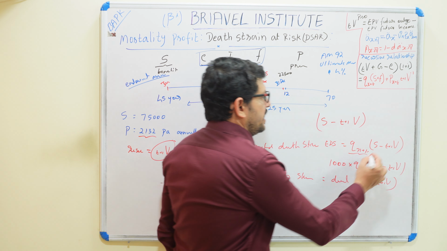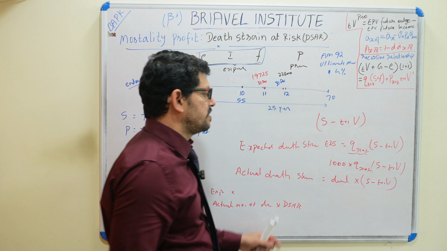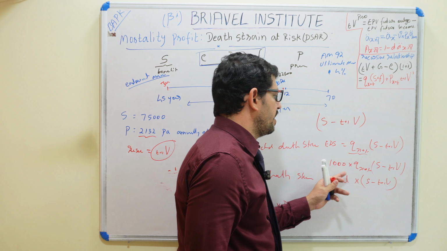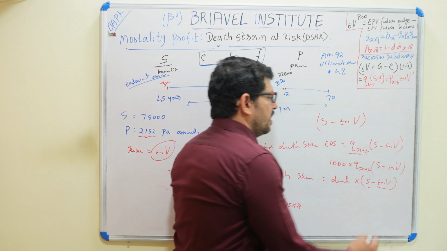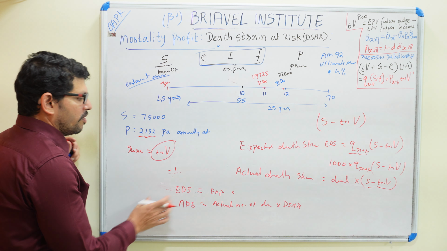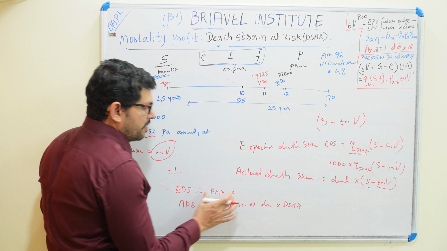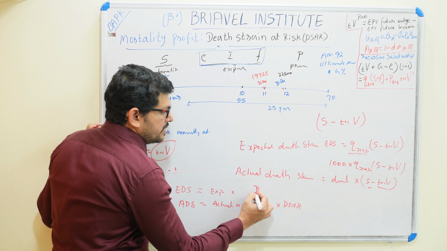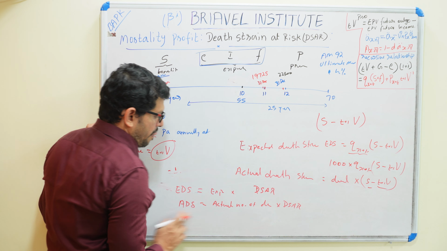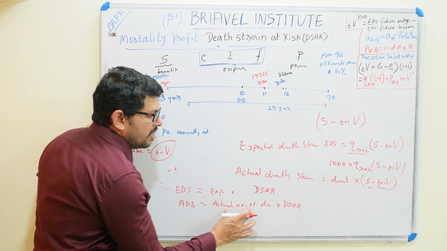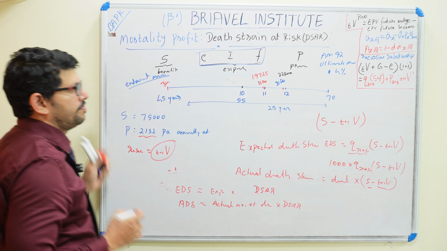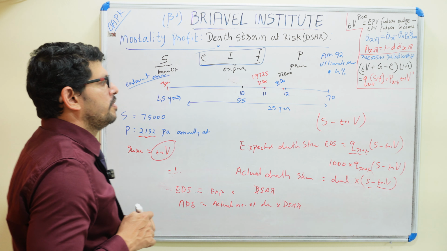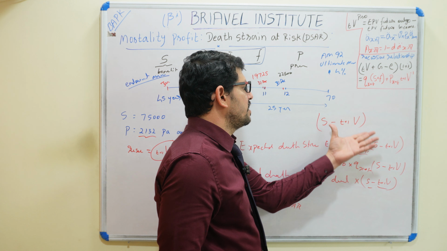So this term is the DSAR. This is the formula: EDS is the expected number of deaths multiplied by the DSAR, and ADS is the actual number of deaths multiplied by the DSAR. Hope we understood about the death strain.